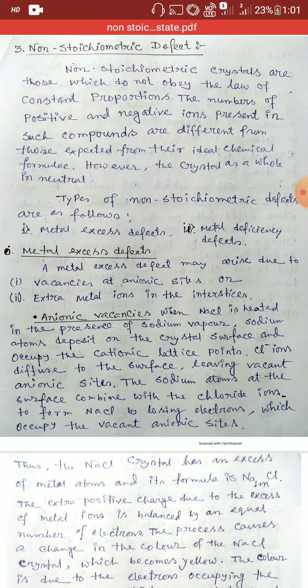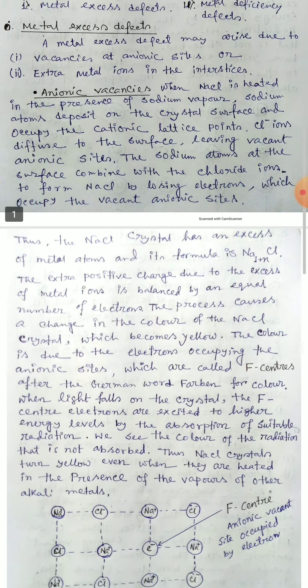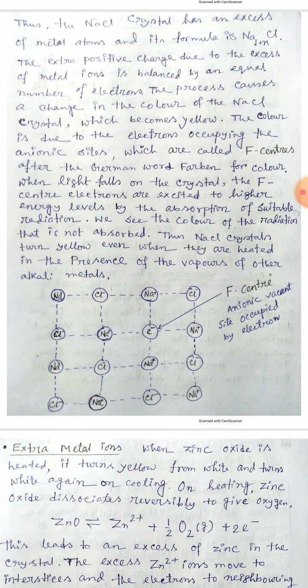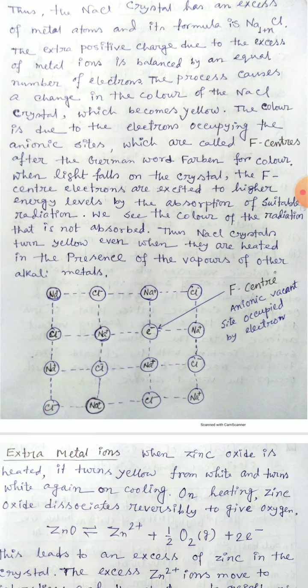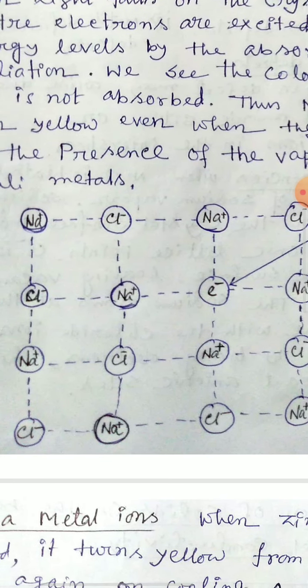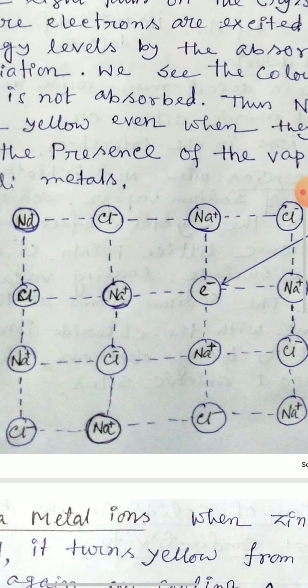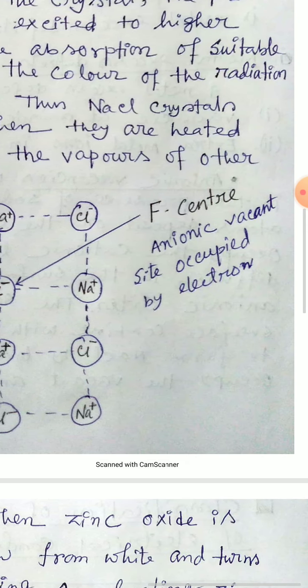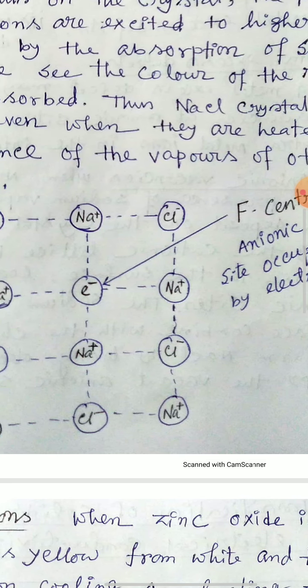Anionic vacancy occurs when NaCl is heated. First, I am showing you a drawing of the crystal lattice of NaCl, sodium chloride. When sodium chloride is heated, it becomes yellow. This is because during heating, one or many chloride ions may leave the crystal lattice, losing one electron. Here I have shown the electron, e minus.